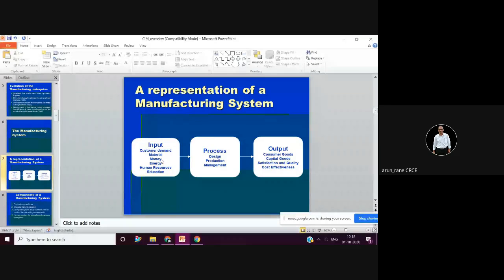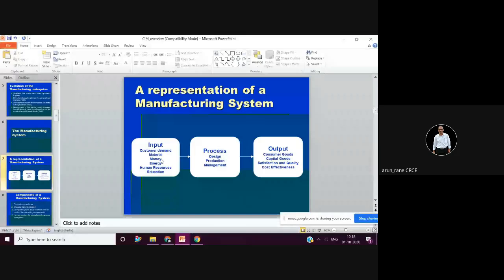Pull production means you have an order of, say, 100 cars, and based on that order you are manufacturing the parts. Since you already have an order of 100 pieces, the moment you manufacture 100 pieces, all the 100 cars will be rolled out of the factory. So there is no finished goods inventory. This is also called zero inventory.